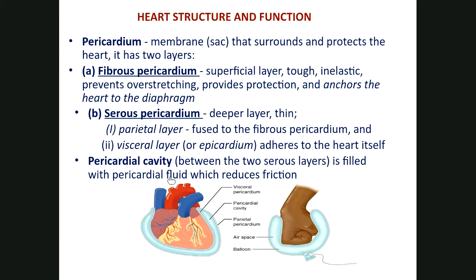In between the two, there's a little space called the pericardial cavity. Within this cavity, pericardial fluid is secreted, a lubricating fluid that reduces friction between the layers as the heart moves.